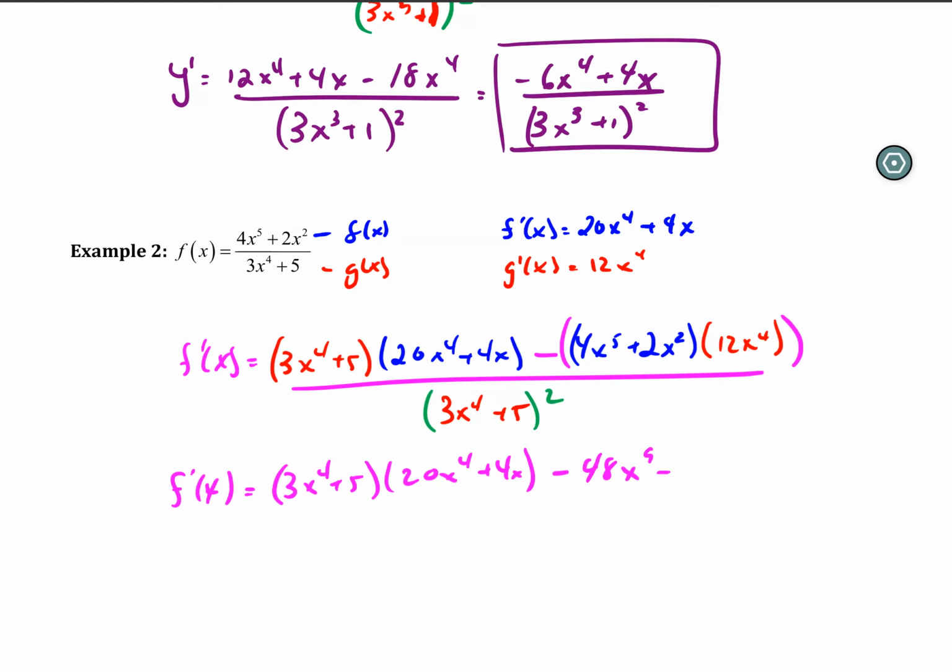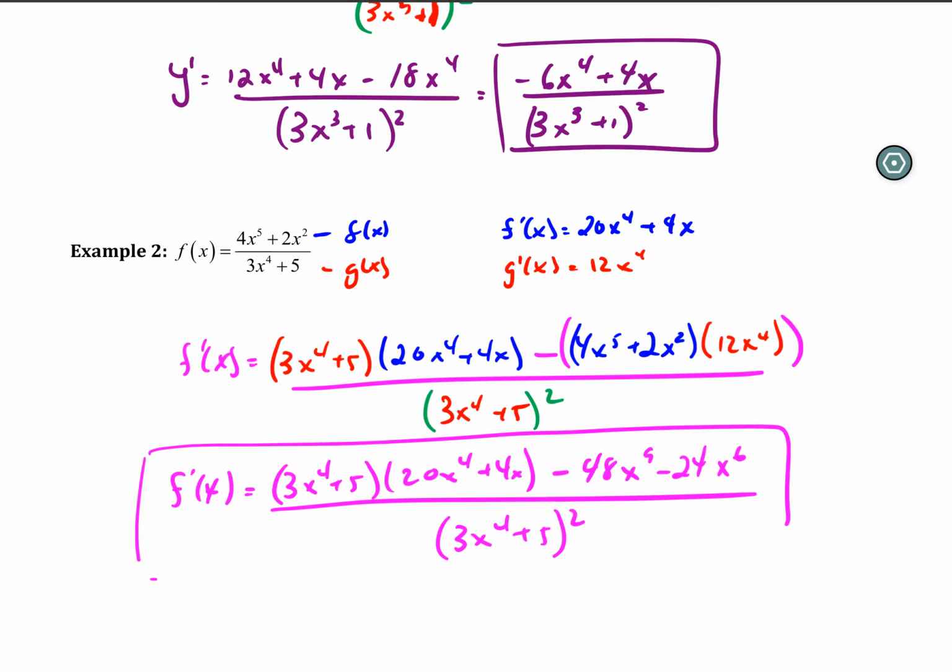And I've got plus, it'll be positive 24, but I'm going to have a negative, so negative 24x to the sixth. All over 3x to the fourth plus 5 squared. And I'm going to leave it like that. Again, I could technically simplify this process and combine all the things at the top. That would not be wrong. But in this case, for what we're doing right now, we're okay with this.